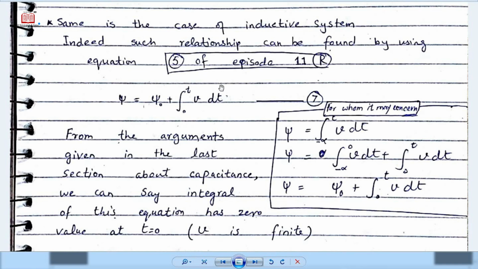This is the integral of the flux linkage. Flux linkage is equal to the flux linkage prior to time 0, that is constant, plus the integral from 0 to present time. We are saying that at time 0, when we are just going to turn on the switch, the flux linkage has 0 value.